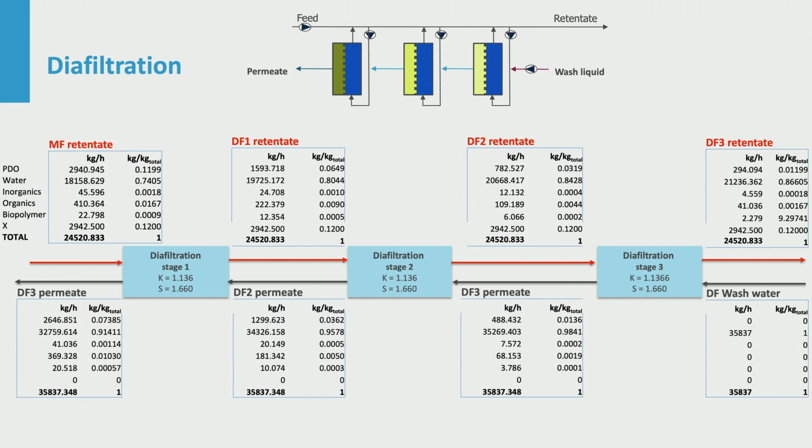Knowing S, FL and K, we can calculate FV, which tells us how much wash water is required. The actual calculation involves an iteration as shown in a downloadable Excel file. Using more wash water will recover more PDO, but that leads to more water to be evaporated later. At this point, we cannot determine the trade-off.